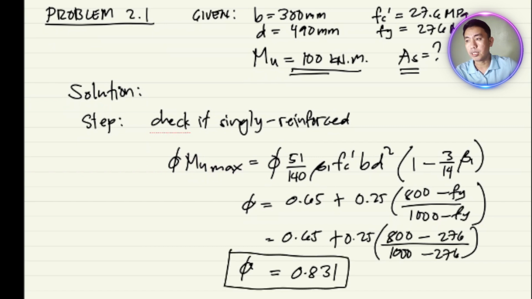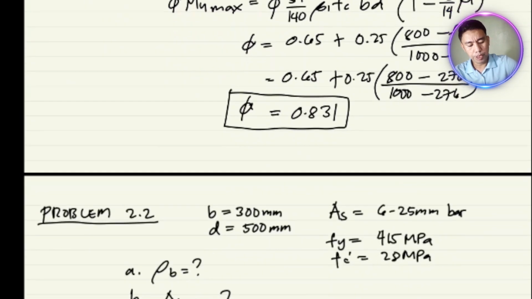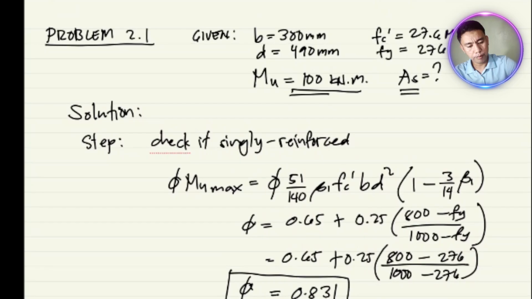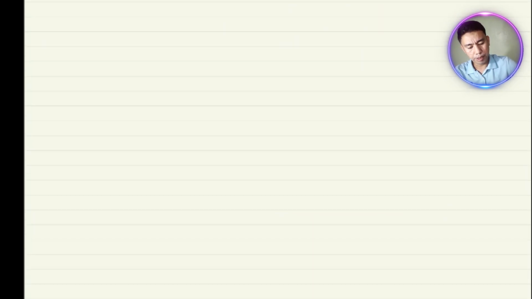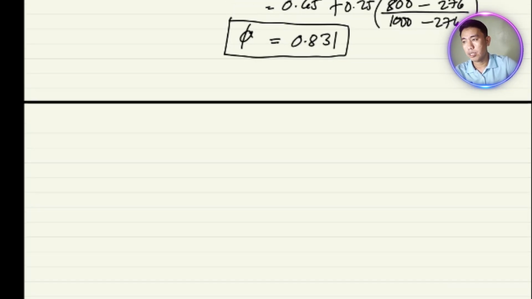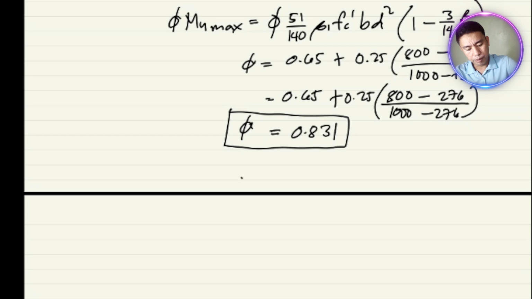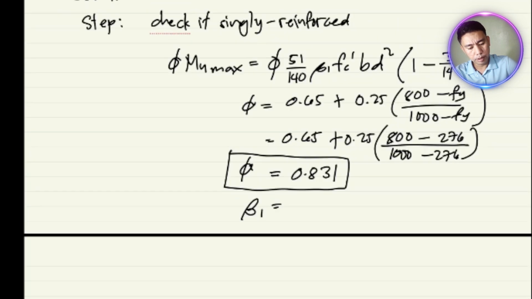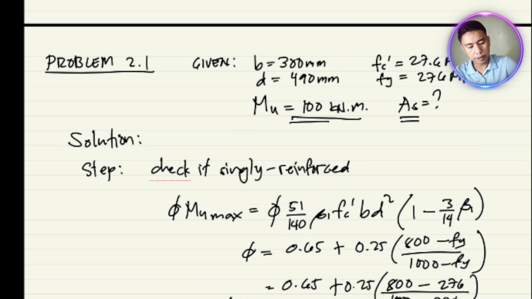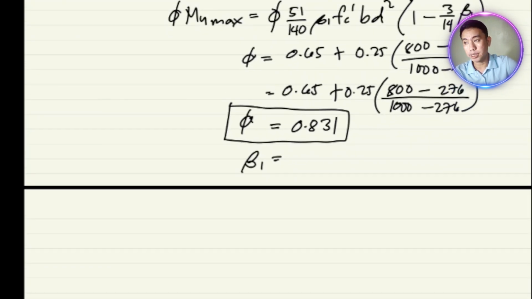Let me just put that in the box. Once we have our phi, we can also solve the beta 1. The fc' is less than 28, so we expect beta 1 to be equal to 0.85.